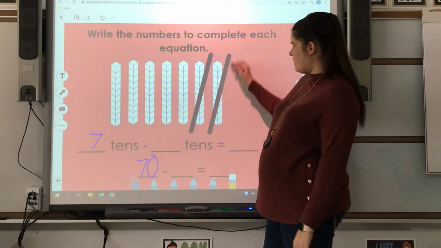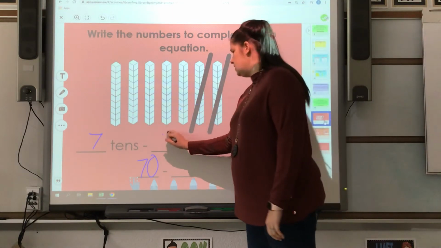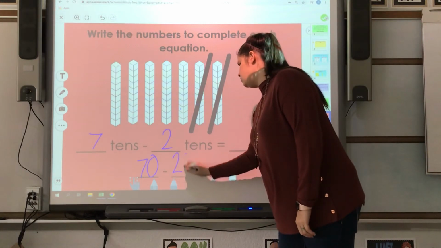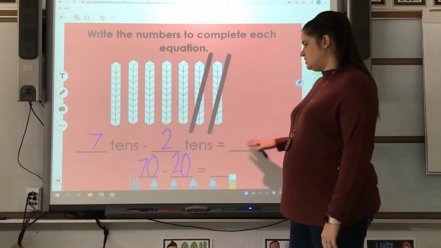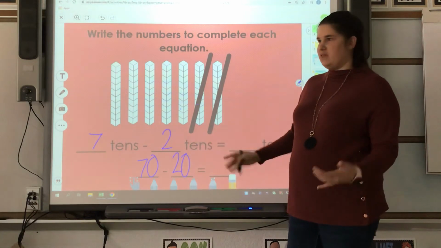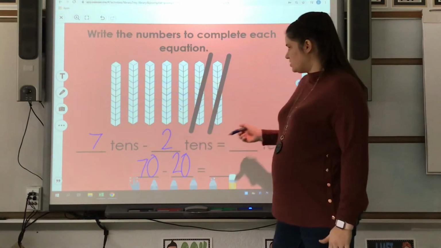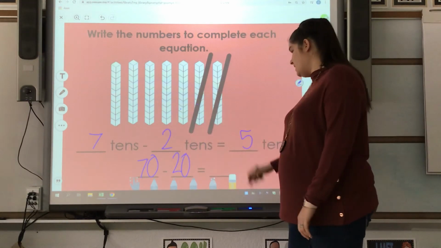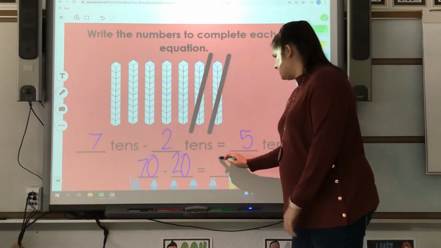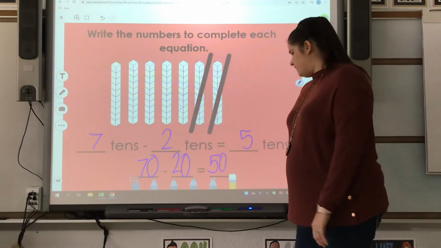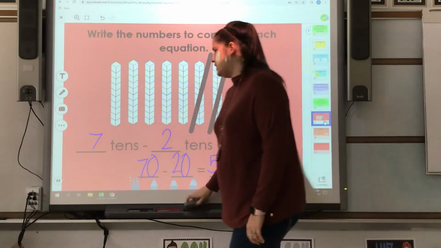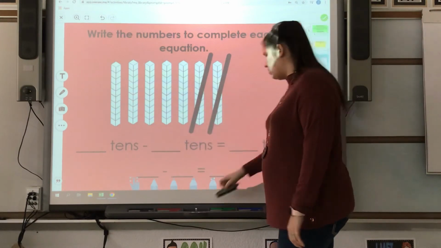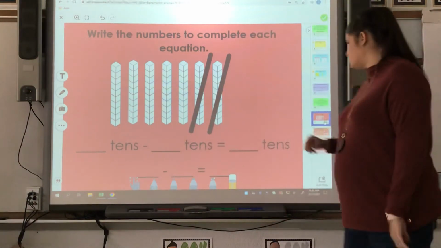And I'm taking away 2 tens, and 2 tens is equal to 20. If it's easier to fill out these together at the same time, you can. If not, you can fill them out separately, which leaves me with 1, 2, 3, 4, 5 tens, and 5 tens gives me 50. Oh, yes. It's especially easy and quick when they give you the picture already, and all you have to do is write your equations.